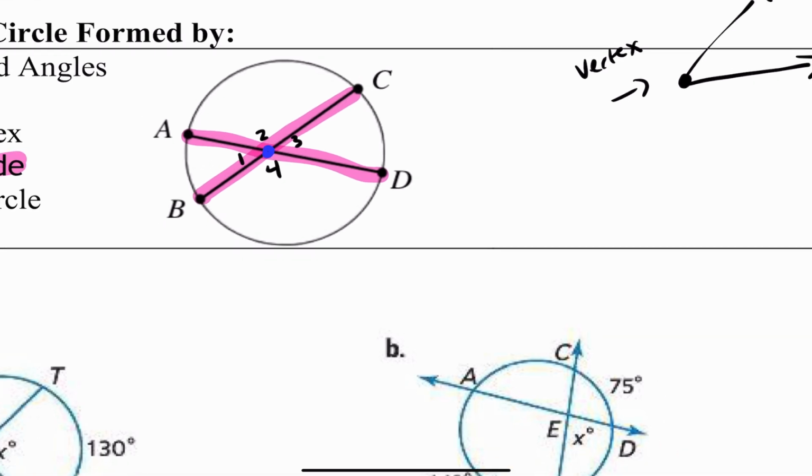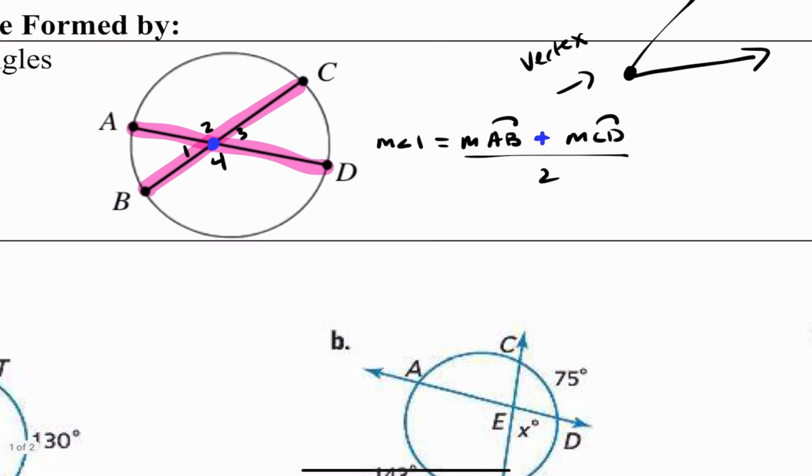So let's go ahead and write this. If I want to find the measure of angle 1, that's going to equal the measure of arc AB plus the measure of arc CD all over 2. Okay, so the measure of angle 1 is equal to the measure of arc AB plus the measure of arc CD all over 2.